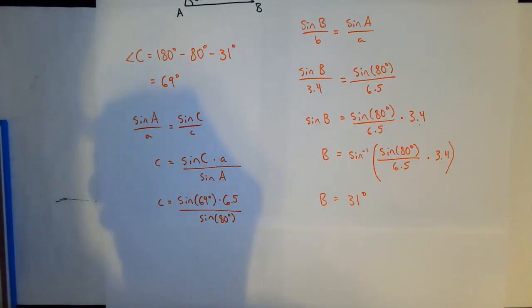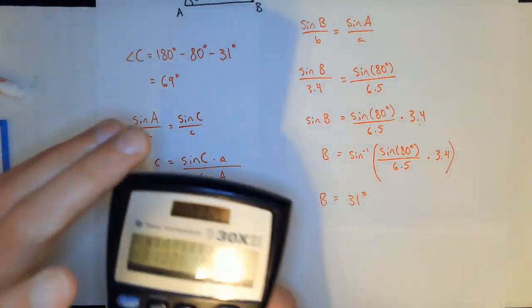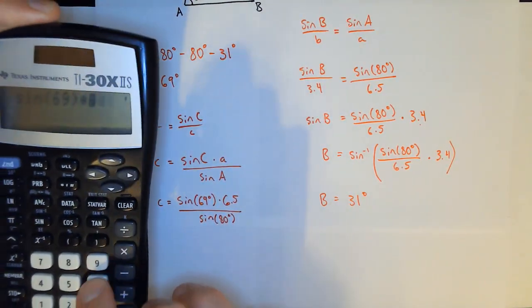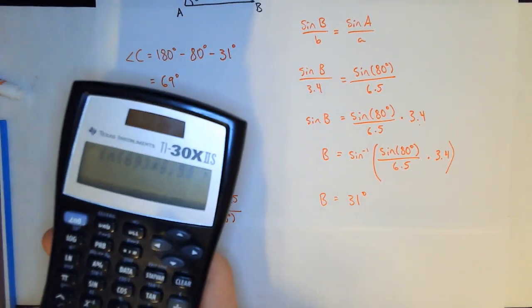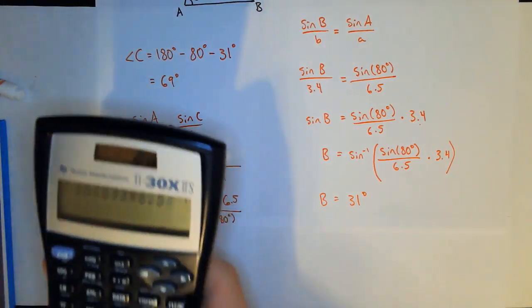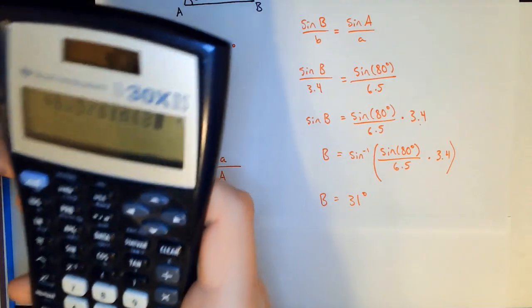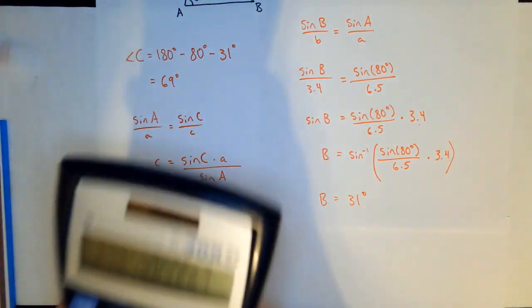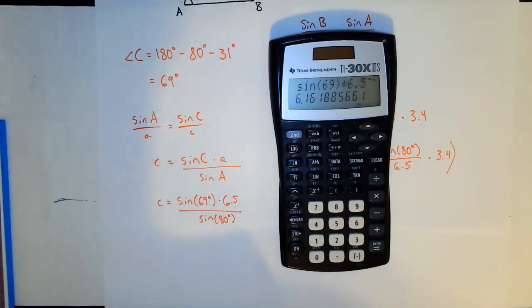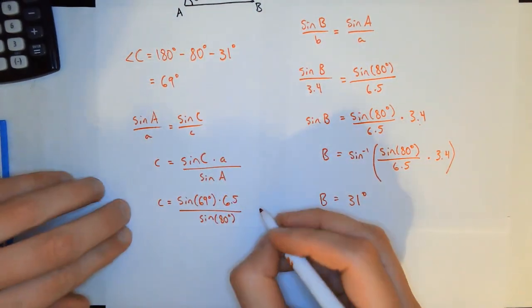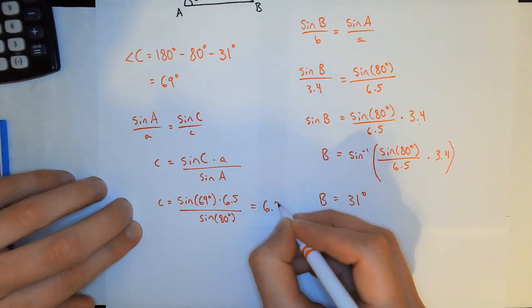And that's going to give me 6.16. They were rounding to the 10th place, so I'll round to the 10th place as well, so I'll say 6.2.